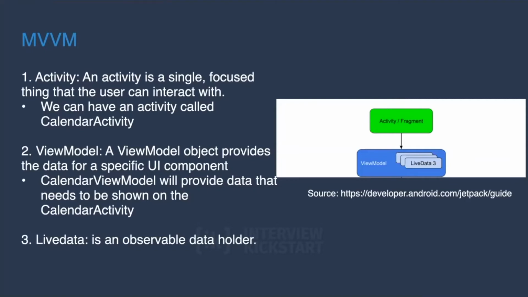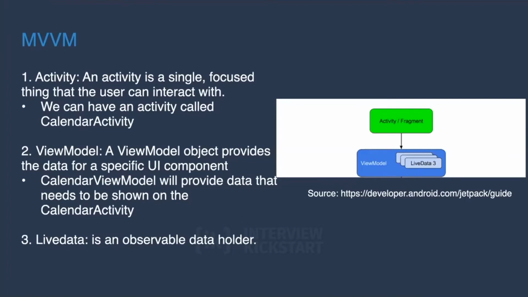Here you can think about our event list activity, where you select a day and it will show the list of events. So you can say event list activity, or you can also say calendar activity, as you see in the slide. Whichever you name it, it's totally up to you.